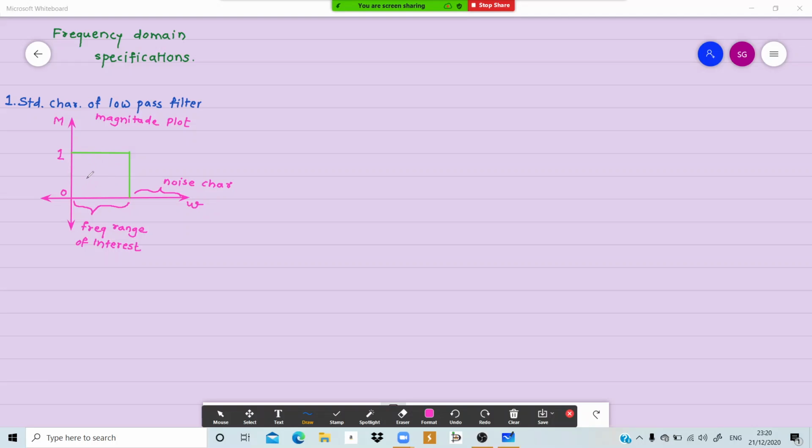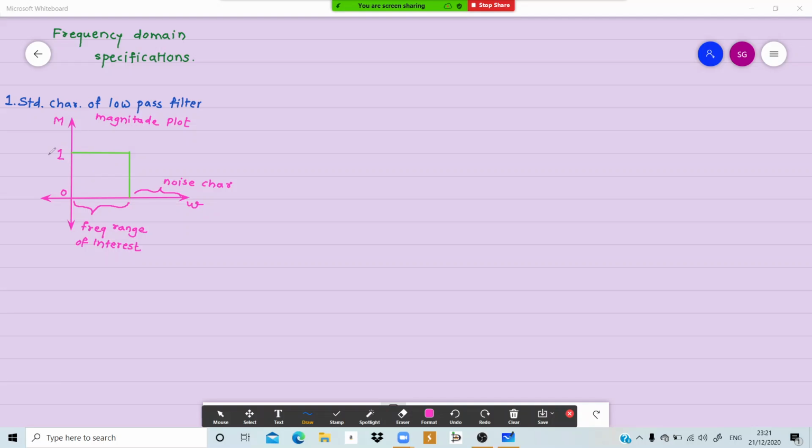Correct? And the same thing is with our control system. We want the system to work on lower frequency, right? And it should have gain 1. Now why should gain be equal to 1? Because what is that gain 1, right? At this point you will find gain is 1. That means output is following the input perfectly, and we want that. Whenever you are having a change in the input, you want that much change in the output. So whenever gain is equal to 1, that means the magnitude is 1, and that means proper tracking is there in your system, you know?